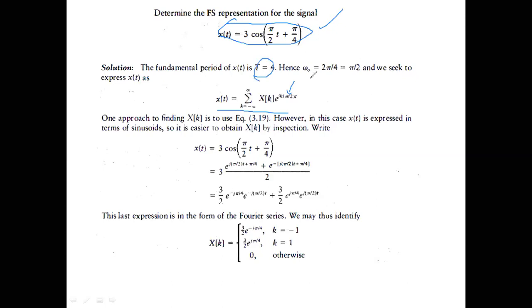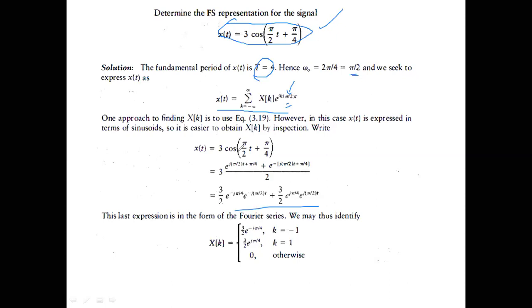So omega naught is 2 pi by T, which is pi by 2. I substituted pi by 2 here. Then this simple cos wave I represent in terms of complex exponentials, which look like this.